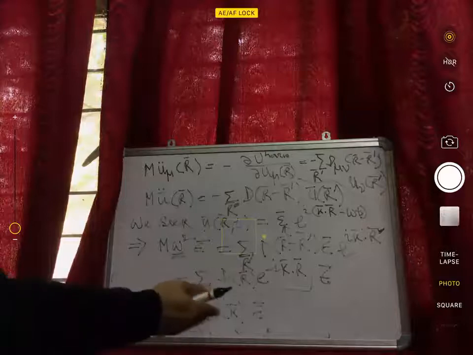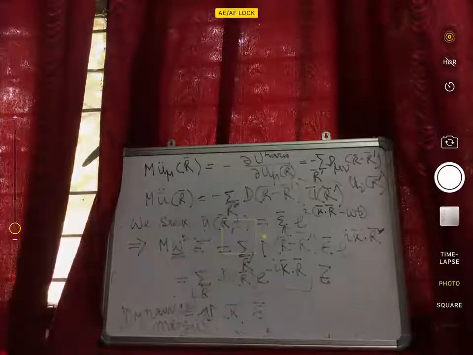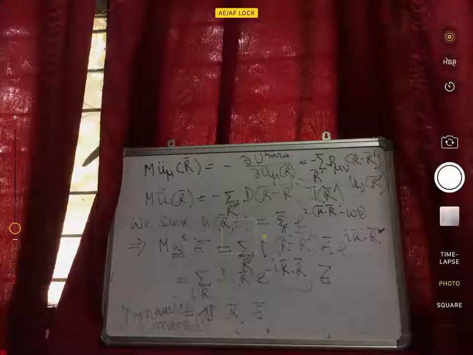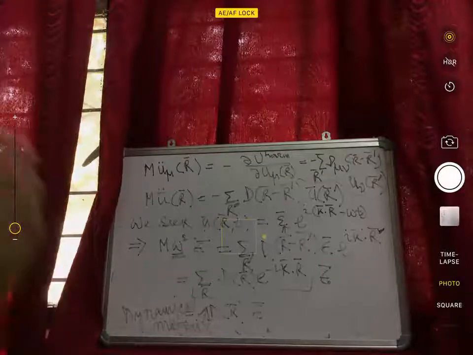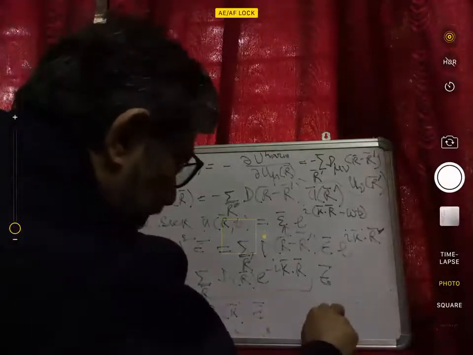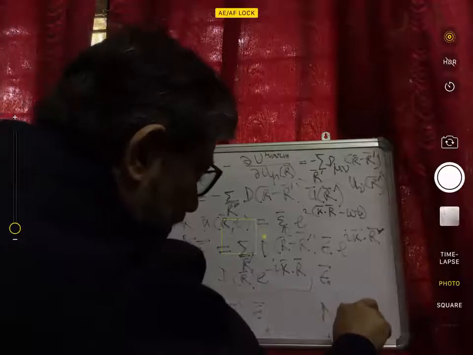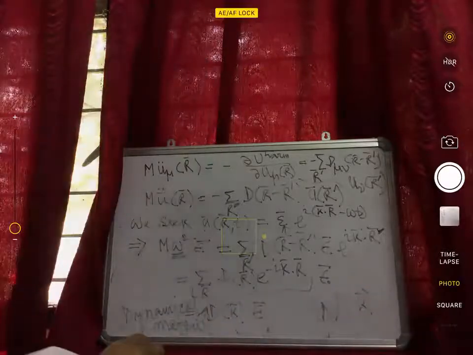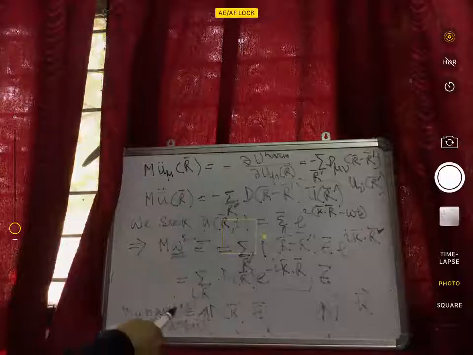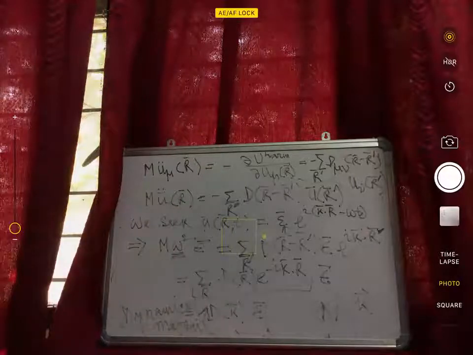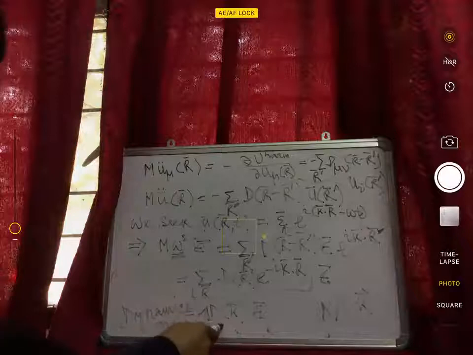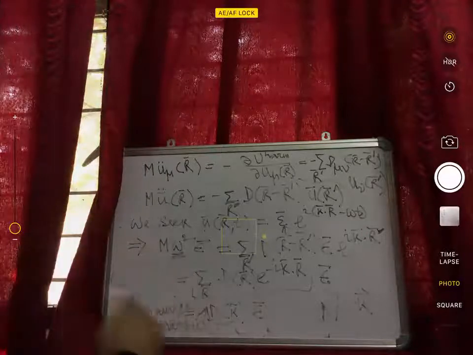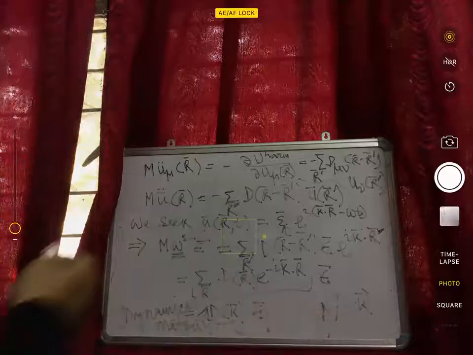Sometimes this D over m is called the dynamical matrix, and omega squareds are the eigenvalues that give you the energies of the vibrational modes. So for N values of K in the Brillouin zone, we will get 3N eigenvalues, because this is a 3 by 3 matrix and it has 3 eigenvalues. So for N values of K, we'll get 3N eigenvalues.